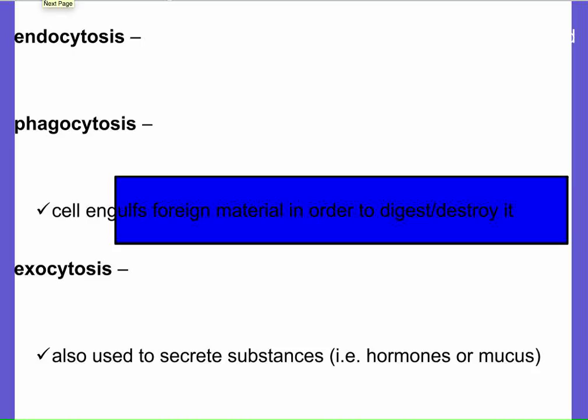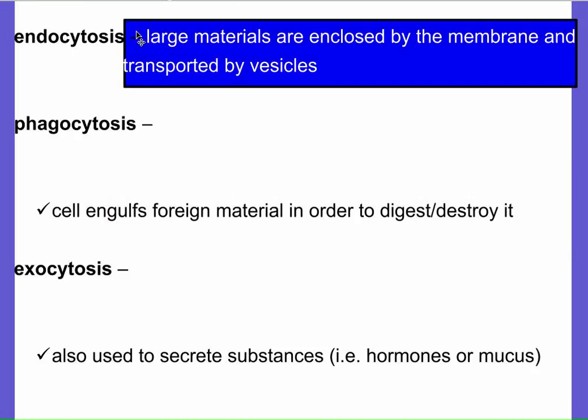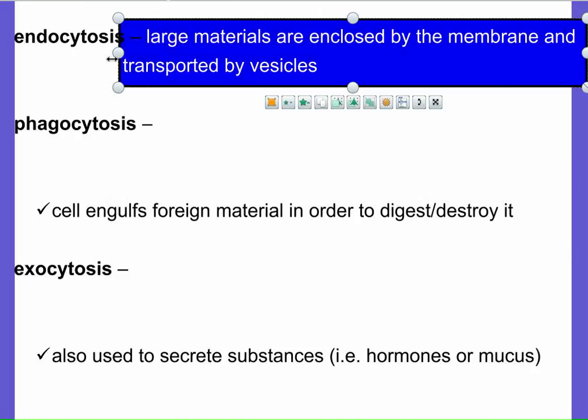Okay, otherwise we have endocytosis, phagocytosis, and exocytosis. Again, other than being hard to say, they're not really that complicated, especially if you remember from before. What word did I want you to think of when you saw endothermic?